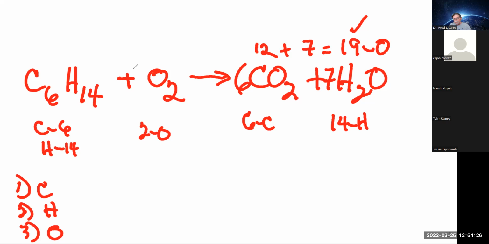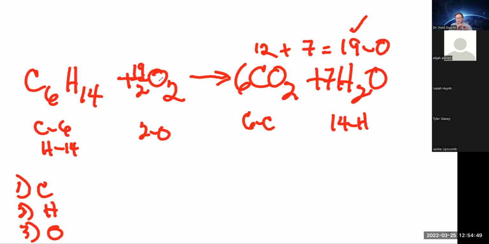So I can very temporarily add 19 over 2, 19 halves. Keep in mind, the coefficients for any chemical reaction should always end up in whole numbers, but you can temporarily use fractions of half to get to the point where you want to balance it out.